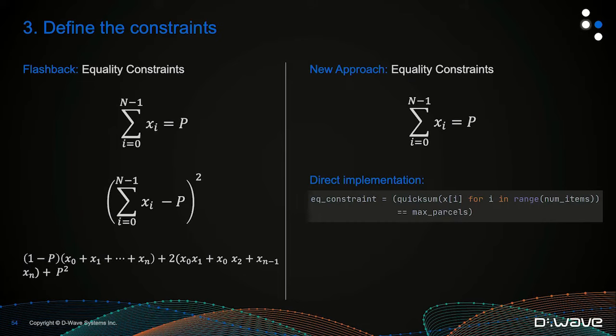That's the optimized sum function that we've created. It lives in DIMOD. So we're going to use quick sum to just sum up all of the binary variables. So the xi is going to be a list of binary variables like we saw earlier. And we're going to use the equality operator to set it equal to the maximum number of parcels, or P.